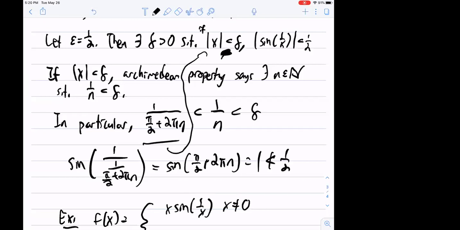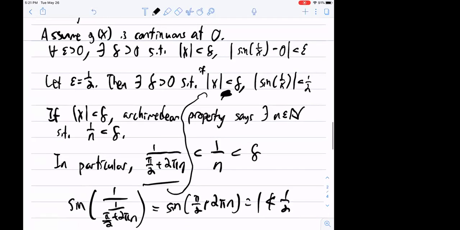So this guy could be arbitrarily small. I mean, here it says, if epsilon is a half, then delta, any point satisfying this has to satisfy this. So to show it is not true, I just need to find 1 point that has absolute value less than delta, where this part isn't satisfied. So I chose this point.